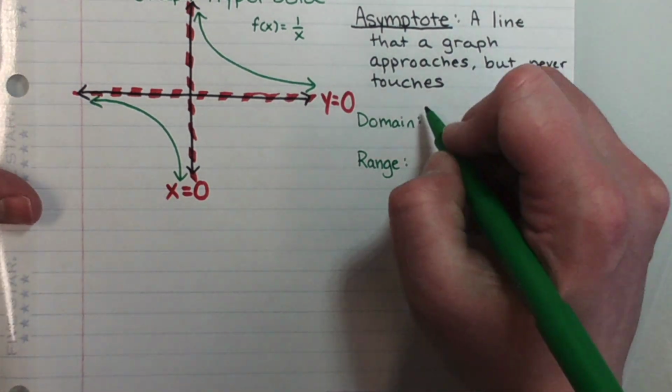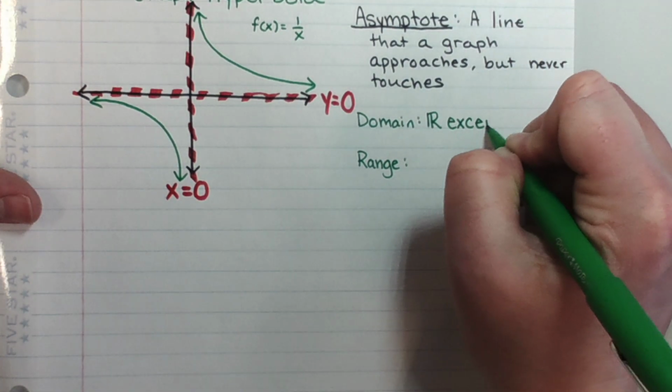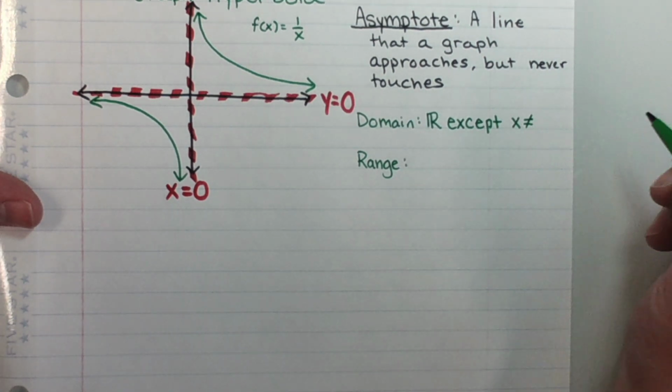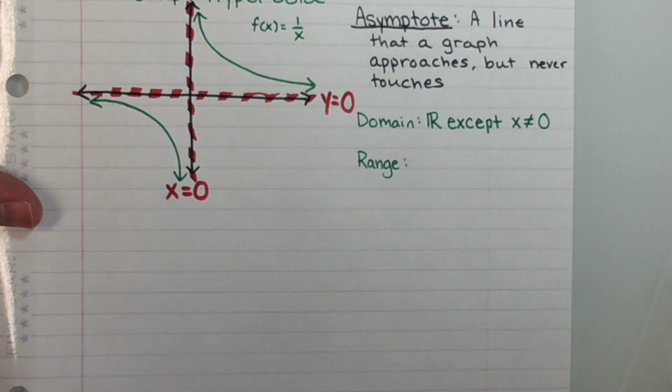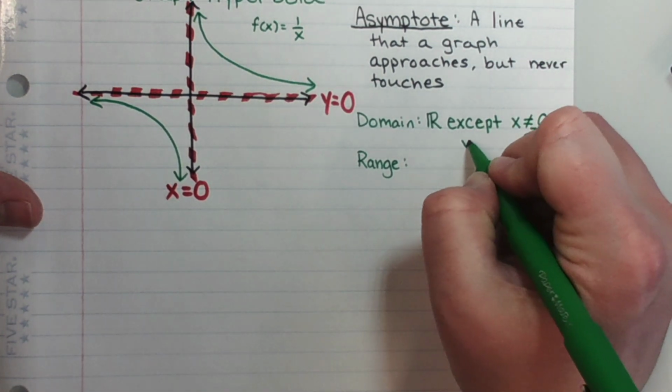Which means my domain is all real numbers except x is not allowed to be equal to 0 because that's where the vertical asymptote is.